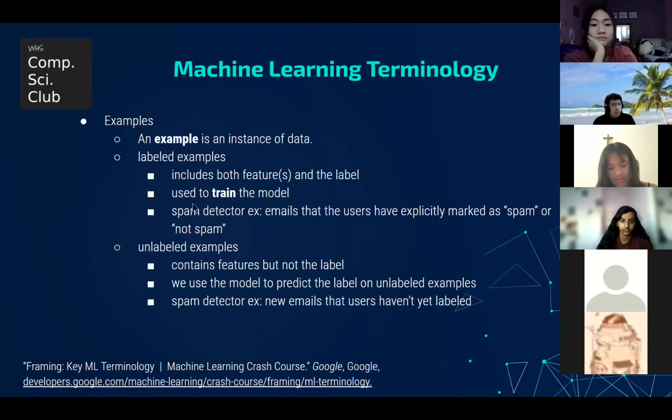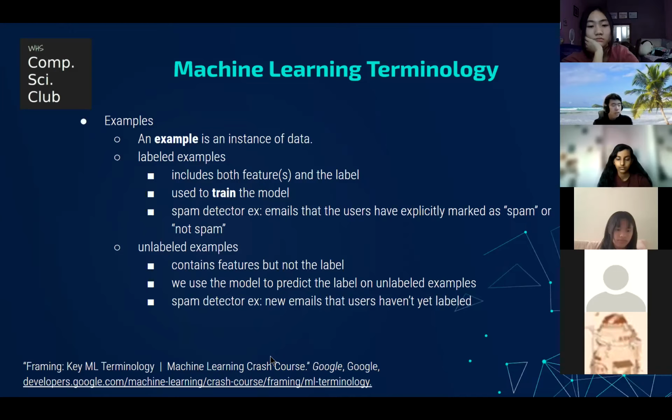So for example, an email that the user explicitly marked, right? They went out of their way to mark this as spam or mark it as not spam. If I dig through my spam folder and I find an email that's important and I take it out of my spam folder, that would be a labeled example, because I, the user, have told the machine, hey, this is not spam.